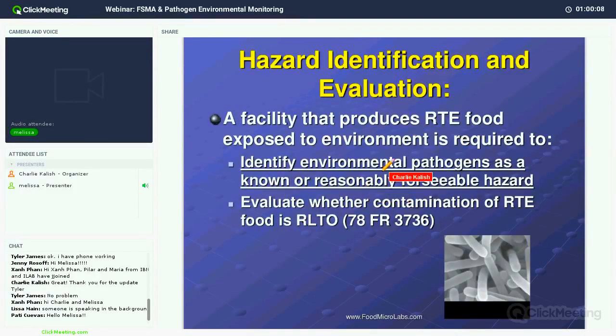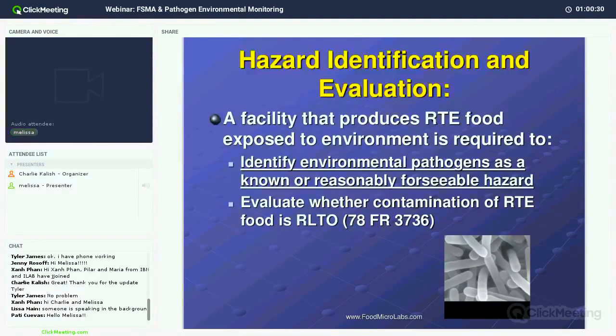In the preventive controls plan, hazard identification and evaluation for the environment is needed in order to identify environmental pathogens that are known or reasonably foreseeable hazards to the food.